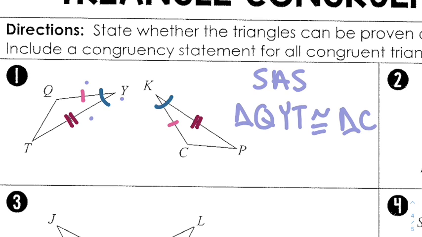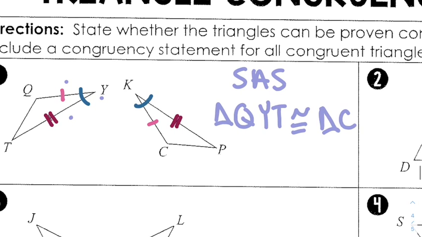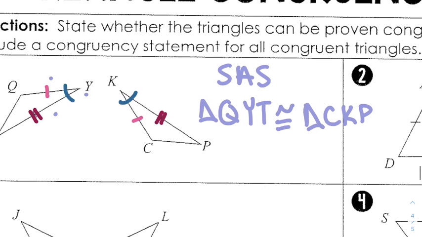It's C, because they're both obtuse angles, right? And then which one's congruent to Y? K. And then last, angle T is congruent to angle P. So that's my congruency statement, okay?